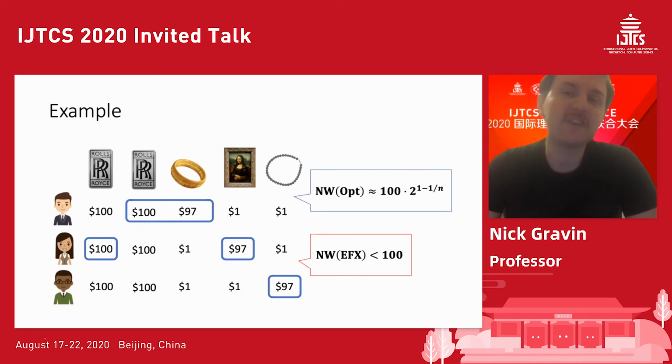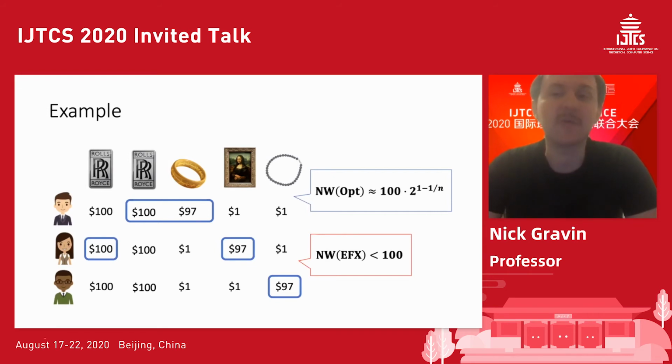And if there is such an agent, they will be envious of any bundle that has a Rolls-Royce. And if this bundle has anything else besides a Rolls-Royce, we'll violate the EFX condition. So it means that every agent cannot have more than value 100 in this case.